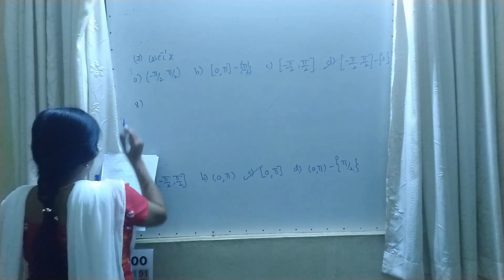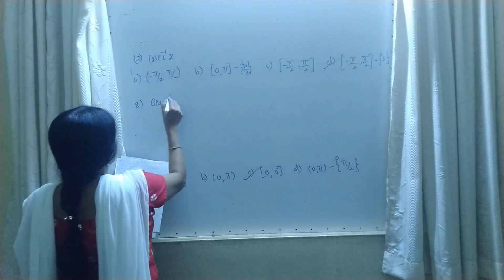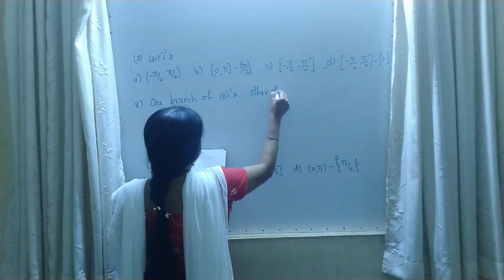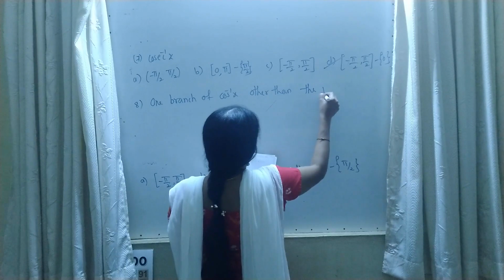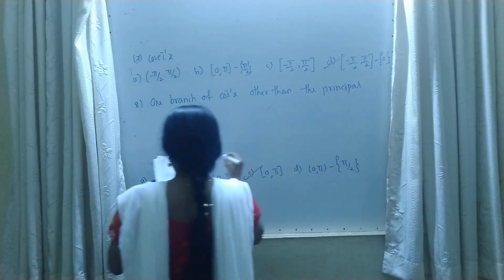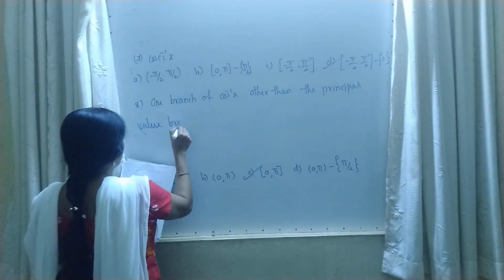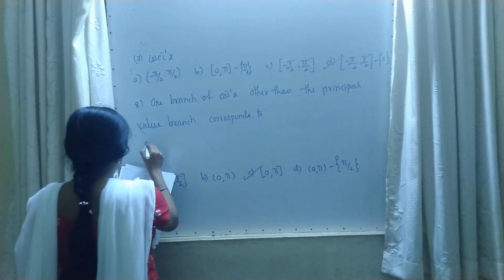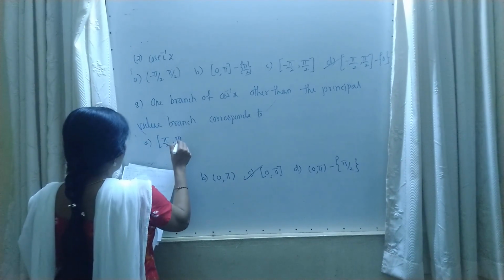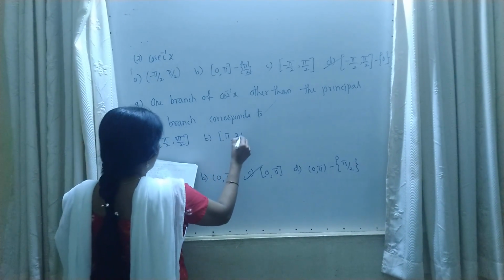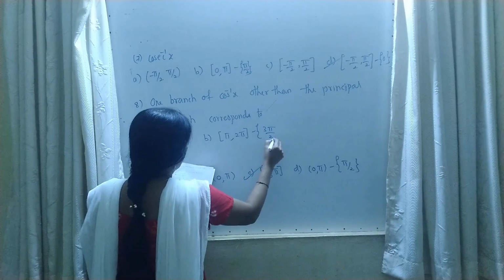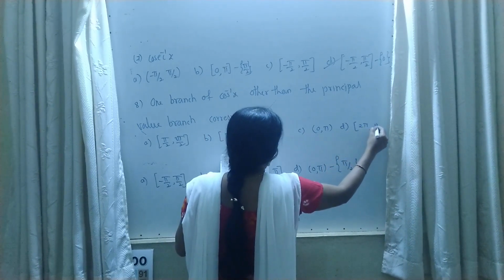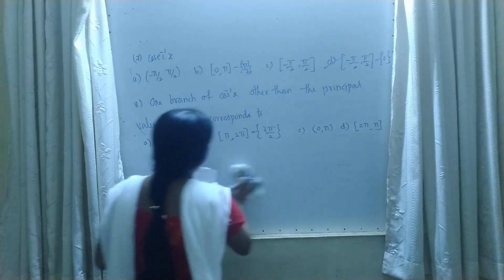Next, same, one branch of cos inverse x other than the principal value branch corresponds to pi by 2, 3 pi by 2, pi, 2 pi minus 3 pi by 2, 0, pi, 2 pi, pi. So here I am showing you how to find the value other than the principal branch.